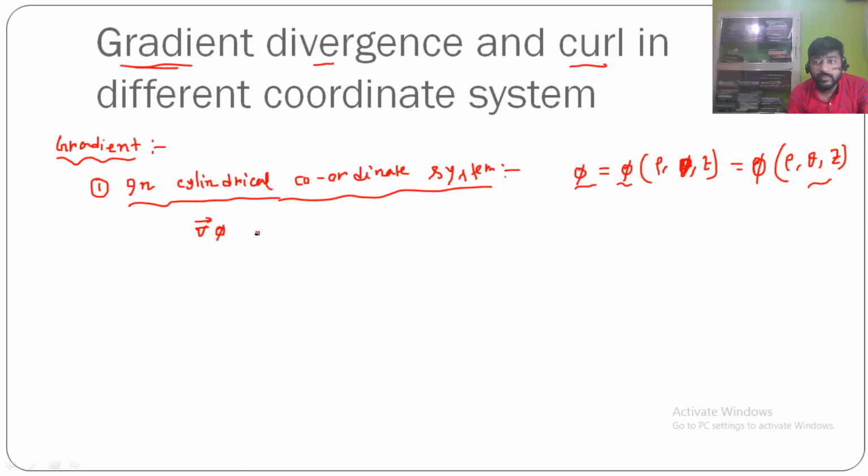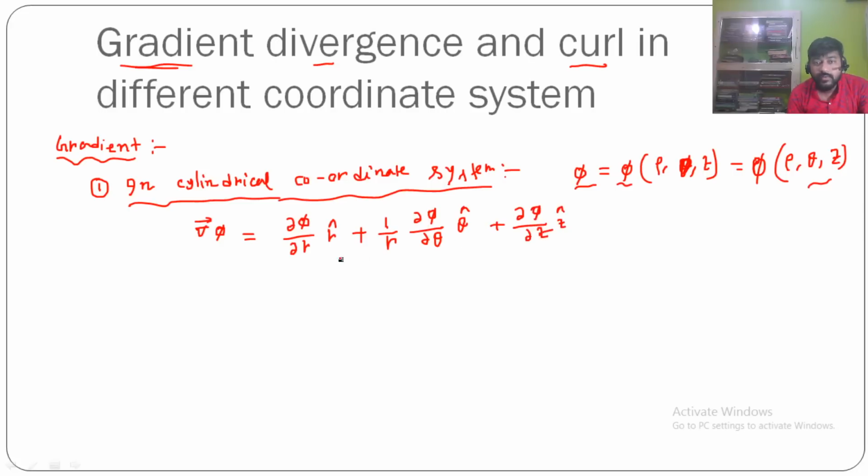In this case, grad phi will be just del phi upon del r into r cap, plus 1 by r into del phi upon del theta into theta cap, where r cap and theta cap are the unit vectors along r and theta, plus del phi upon del z into z cap.